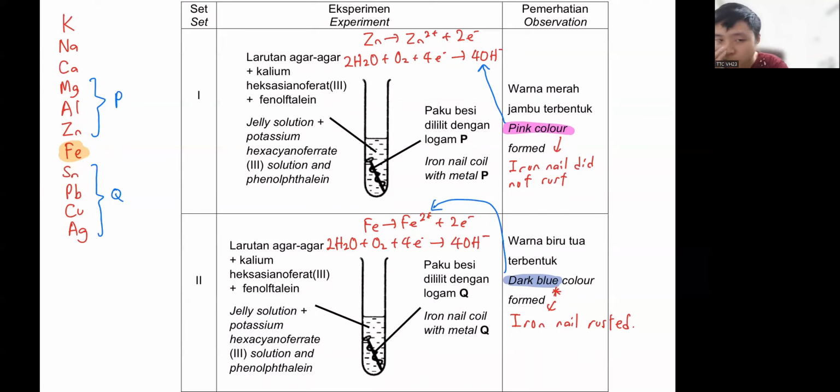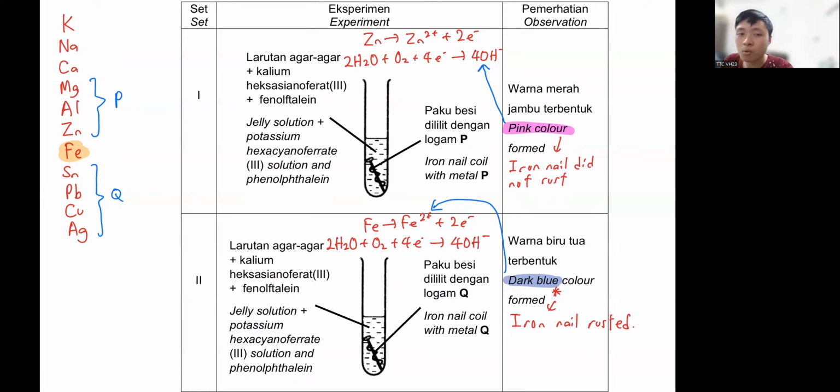For the bottom, normally you choose Pb or Cu, normally Cu. Where this P you can use Mg, Al or Zn. Normally I use Mg or Zn. Normally Mg, Al and K I don't recommend, because these are very highly reactive and will explode in the lab.